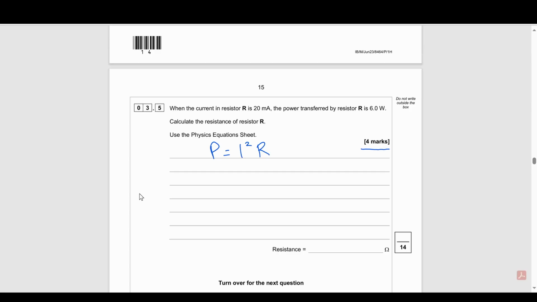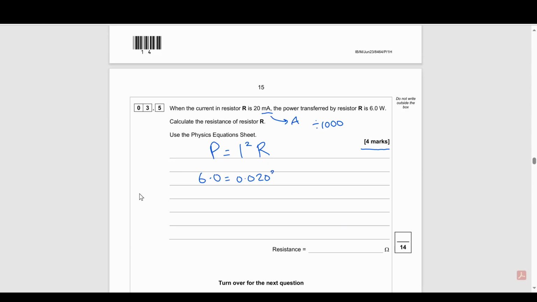So, if we plug in our numbers now into our equation, see how we can rearrange it. So our power in this case is 6 watts. Our current is 20 milliamps. Once again, we're not happy with this unit. We need to convert it to amps, so dividing it by 1,000. So our value of current would actually be 0.02 amps.